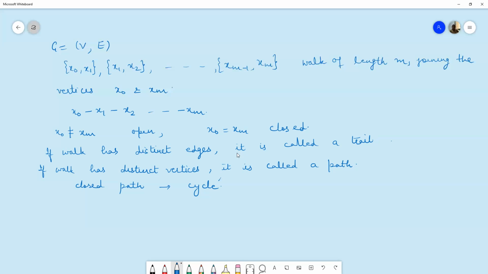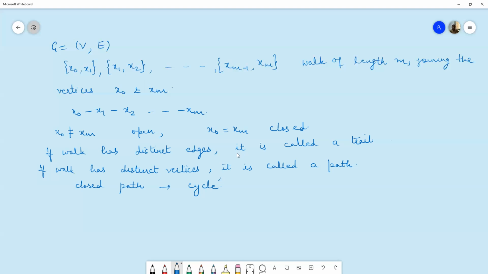So a loop is a cycle of length 1. And if we have an edge AB of multiplicity 2, which means there are two or more edges from the point A to B, then that also determines a cycle, A to B, then B to A, having length 2. So whenever we do not have a loop and we do not have an edge of multiplicity more than 1, then we can say that a cycle has length at least 3.